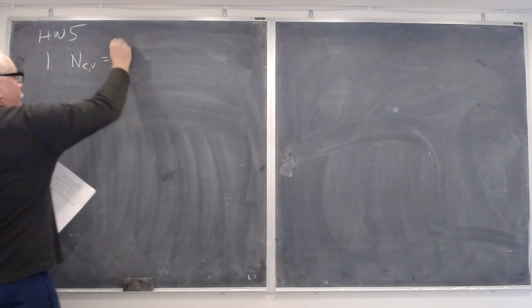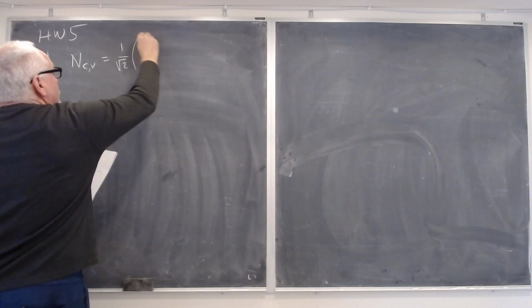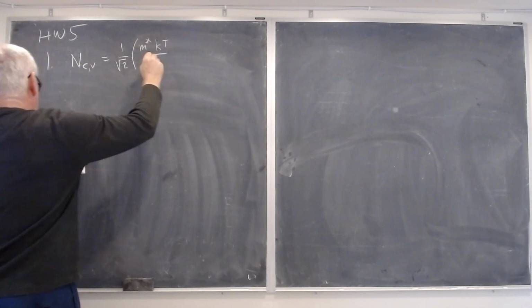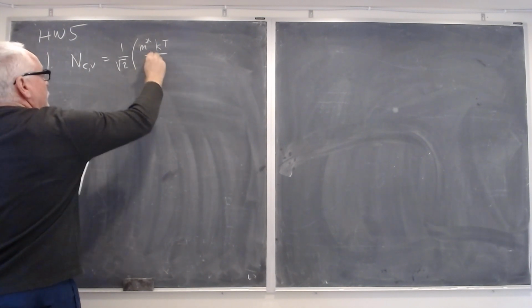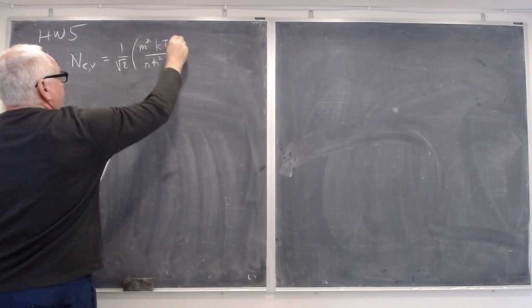which is root 2 m star kT over pi h bar squared to the 3/2.